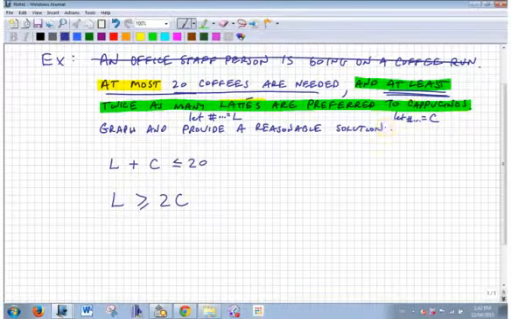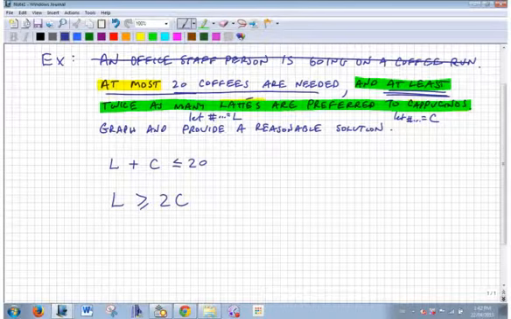All right? Twice as many lattes as cappuccinos. So in math, you have to write it like that. Whatever cappuccinos is, the lattes is double. But at least, it could be more than double, right? That's the words at least.